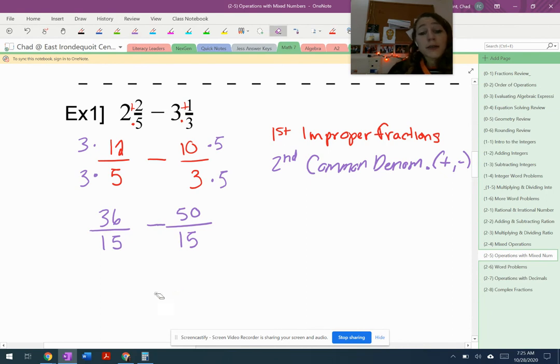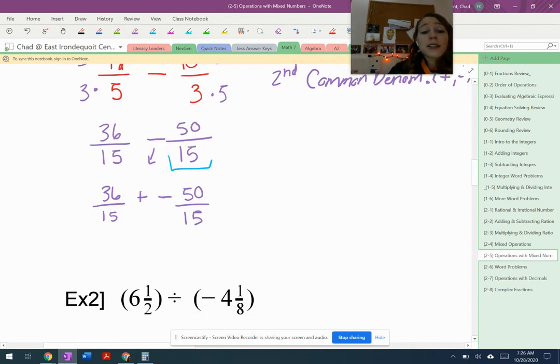I could rewrite that adding the opposite, keeping that first number, changing the subtraction to addition, and then the opposite of a positive 50 fifteenths would be a negative 50 fifteenths. Still leaving you with an answer of negative 14 over 15.